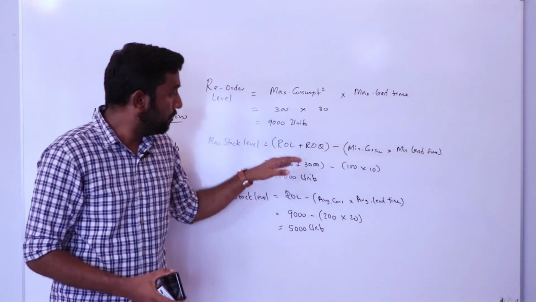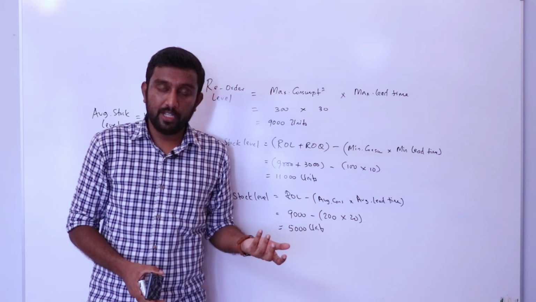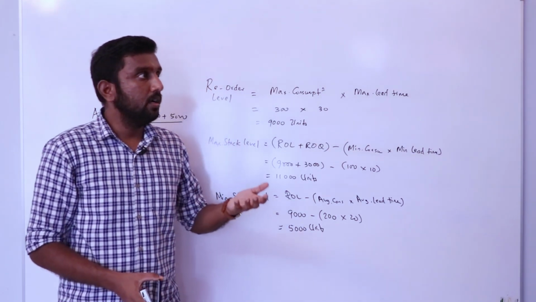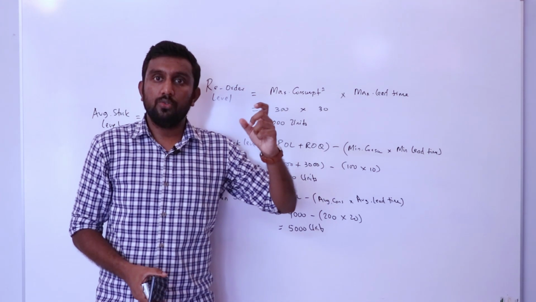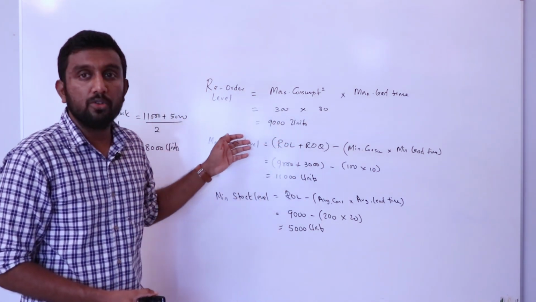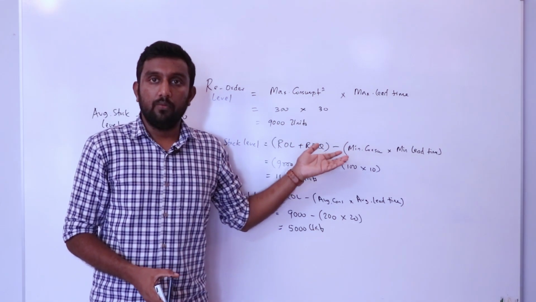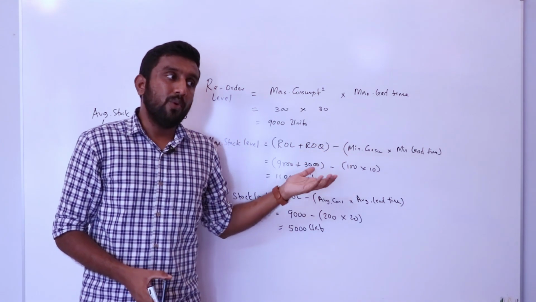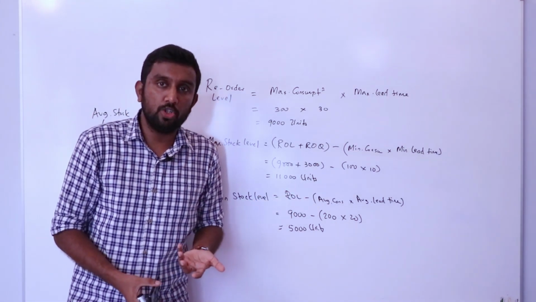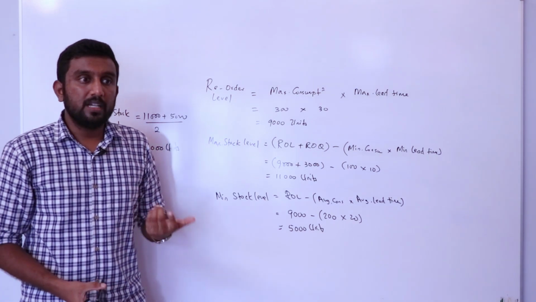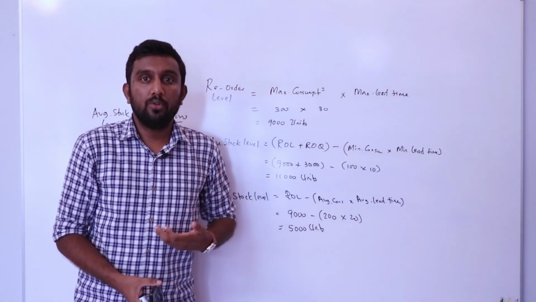If it goes above the maximum stock level, yes, there will be an issue with the storage, but still I told you that we will have some quantity to store, because maximum stock level is not the maximum capacity of your warehouse, right? So what are the issues we have? First one is, yes, if it is high, you will have some issue with the storage. Sometimes you will have some issue with obsolescence. Why? Because you have to keep your stock for a long time.